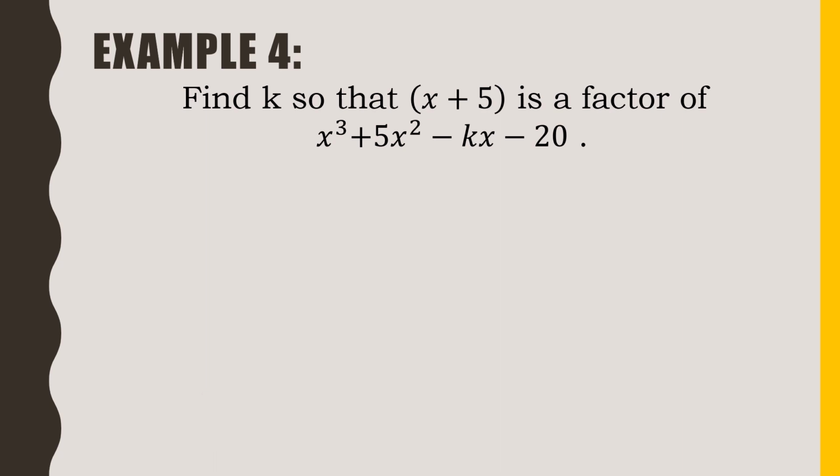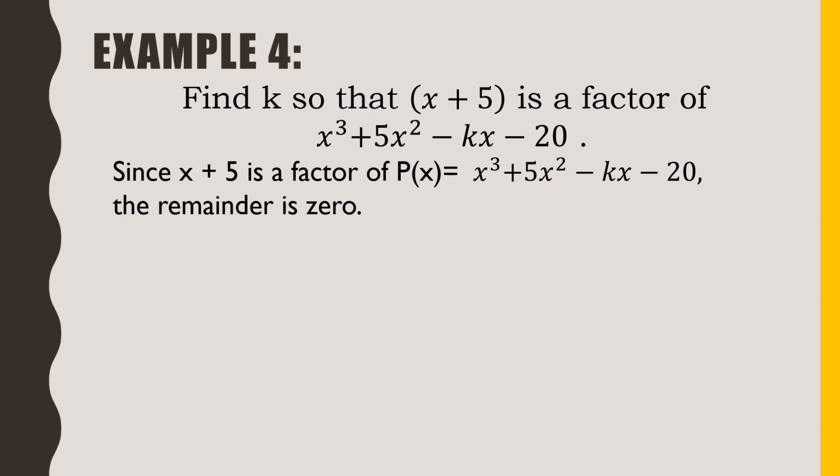Moving on with the fourth example, find k so that x plus 5 is a factor of the polynomial x cubed plus 5x squared minus kx minus 20. Since x plus 5 is a factor of the given polynomial, we know that the remainder is 0. So we can solve that by substituting the value of x with negative 5 and setting the left side of the equation equal to 0.